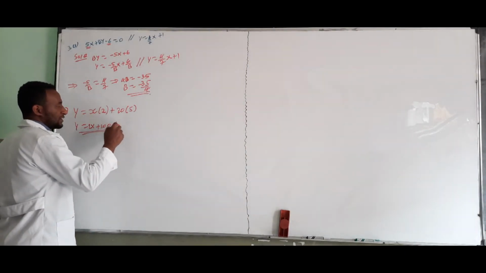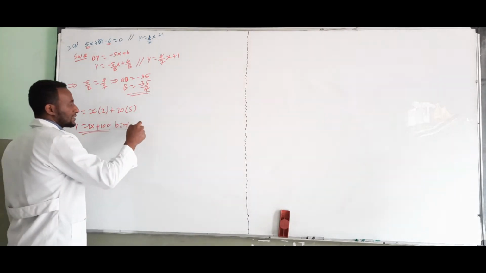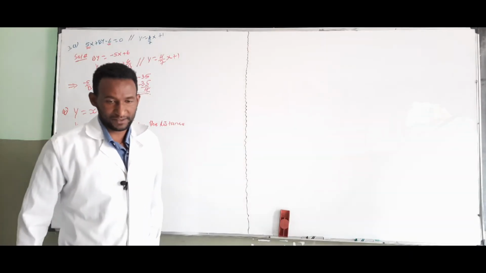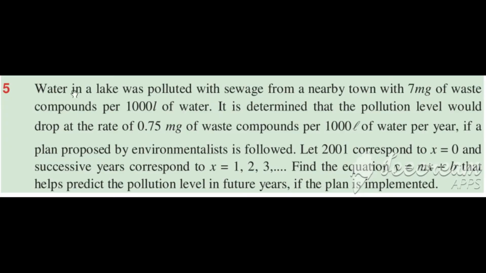They charge this birr when x is the distance traveled in kilometers. Question number 5. Water in a lake was polluted with sewage from a nearby town with 7 milligrams of waste compound per 1000 liters of water. It is determined that the pollution level would drop at the rate of 0.75 milligram of waste compound per 1000 liters of water per year if a plan proposed by environmentalists is followed.